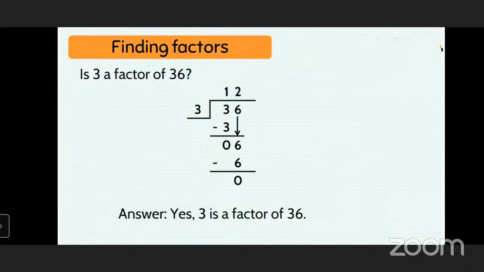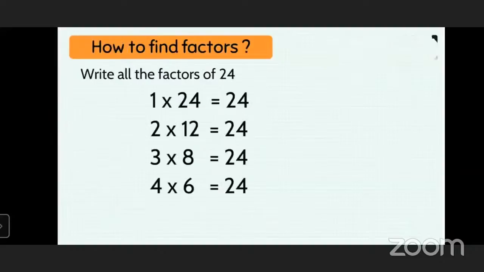Whenever we divide 36 by 3, we get the answer 12 and remainder 0. Also, 3 ones are 3, 3 twos are 6, and so on up to 12. You don't have to divide also. So 3 is a factor of 36.